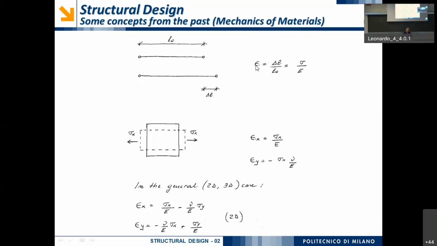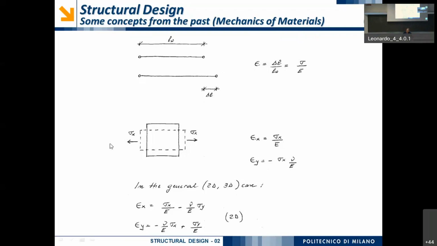So they are proportional. And the constant of proportionality is called capital E. And capital E in mechanics of materials is called Young's modulus or normal elastic modulus.